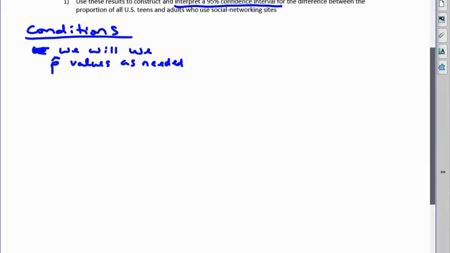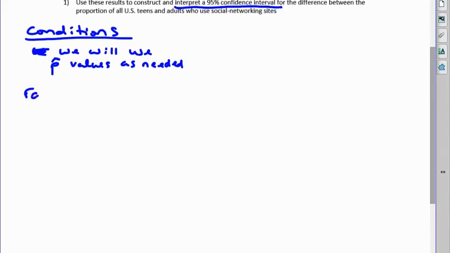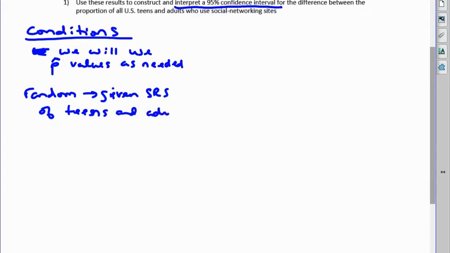Okay, so is it random? It was given. It was an SRS of teens and adults. Was it independent? Finite population requires a 10% check, so is 800 less than or equal to 10% of N?